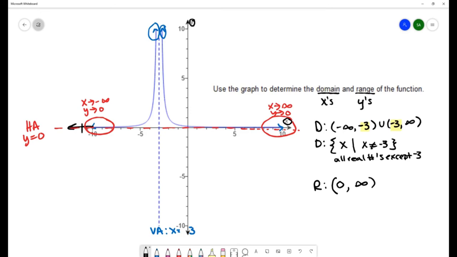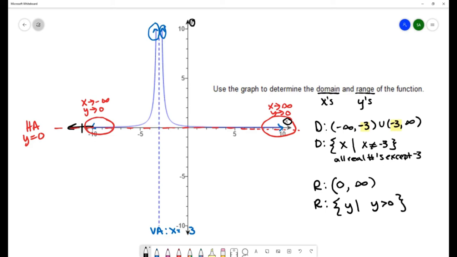If I want to use the set builder notation, I would now write my curly braces, and since we're talking about the range, I'm going to use the letter y such that my y values are all greater than 0.